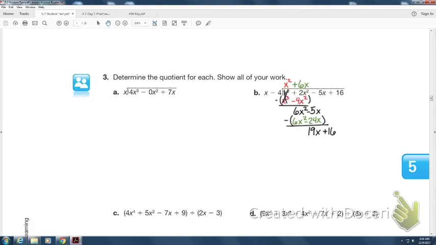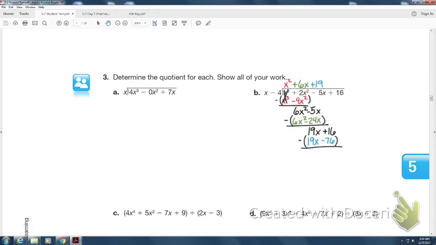Which would be what? 19. 19 times x is 19x. 19 times negative 4 is 76. 19x cancels.